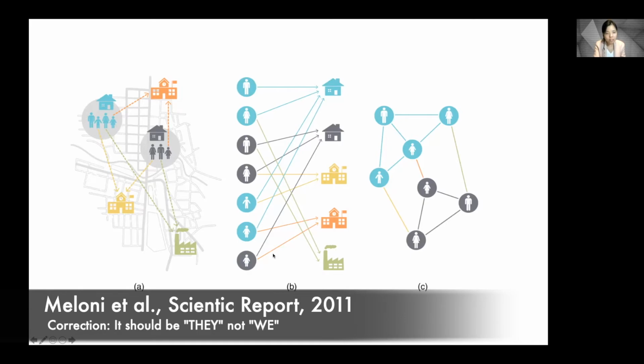In Figure B, we try to put all the locations on one side and the people on the other side, and see how they can actually be connected to these locations. Lastly, in Figure C, we showed the unipartite projection of the bipartite network, which is shown here. In particular, we focus on the people.